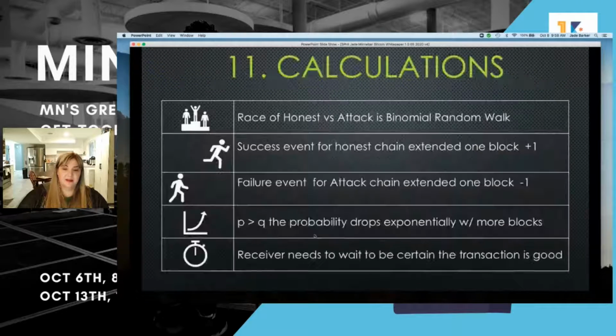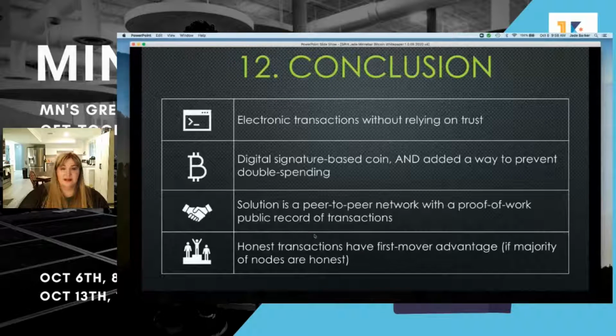There are some calculations in there, and this whole section is just talking about how the honest work overcomes the fraudulent work. And essentially that transaction where I had the one guy, the blue guy was outrunning the orange guy. That's basically just some math on how that actually works.